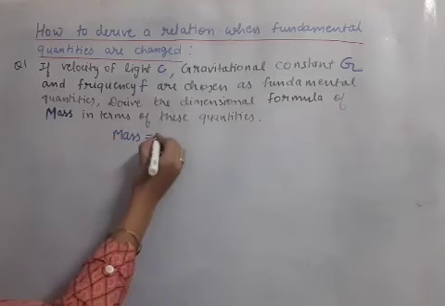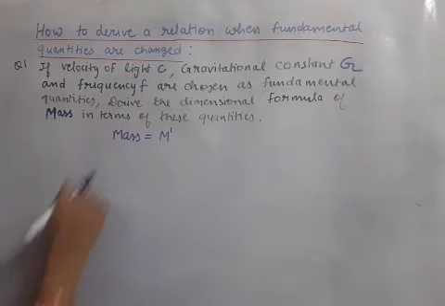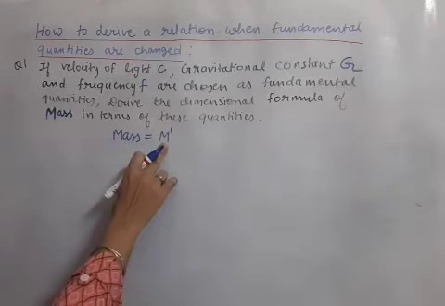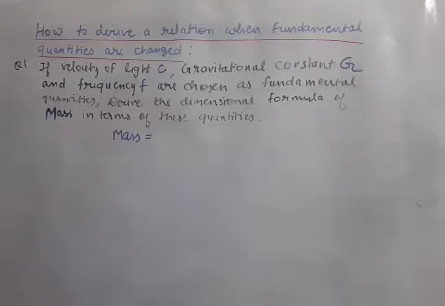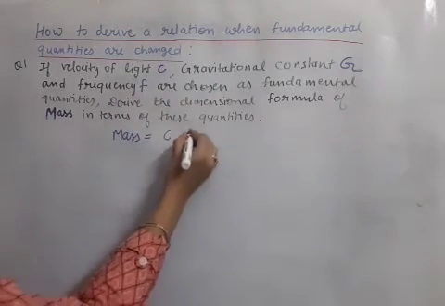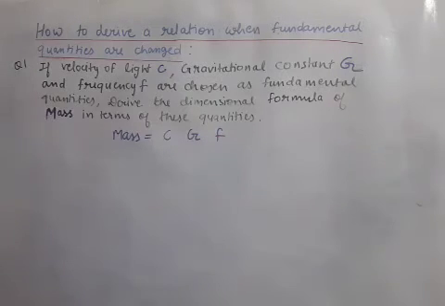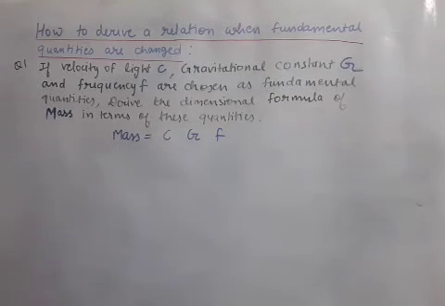Now we say that the mass dimensional formula is M^1, but here we don't have to find the mass dimensional formula in terms of M itself. We have to find the dimensional formula of mass in terms of the given fundamental quantities. So c, G and f are the quantities which we have to write here on the right side.